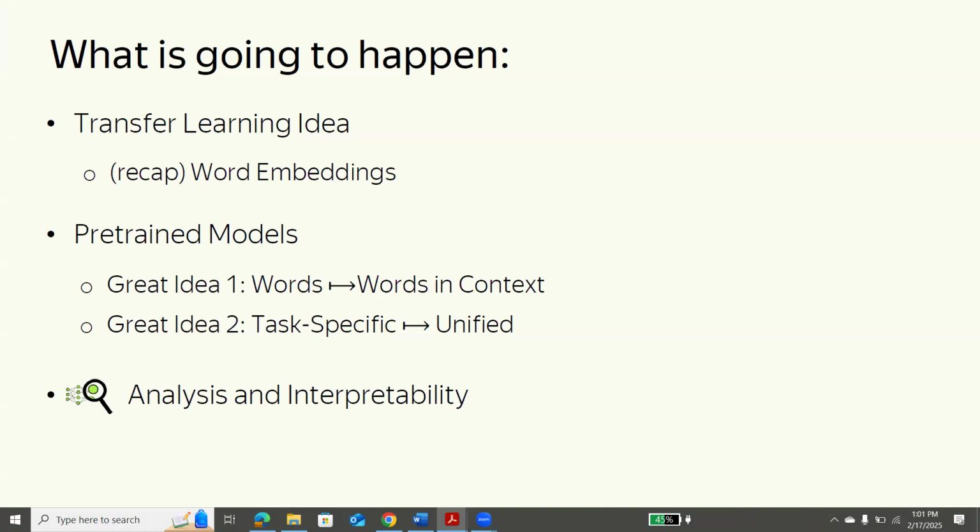In the first lecture, we talked about word embeddings. And as you remember, in your homework 2, if you use word embeddings, then it speeds up the training of your model. By the way, I finished grading homework 2 last night.